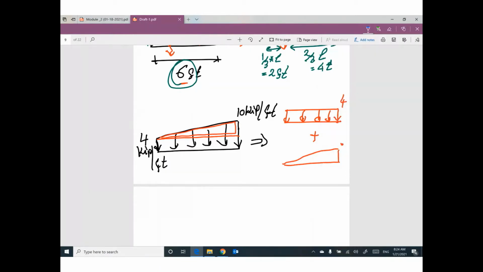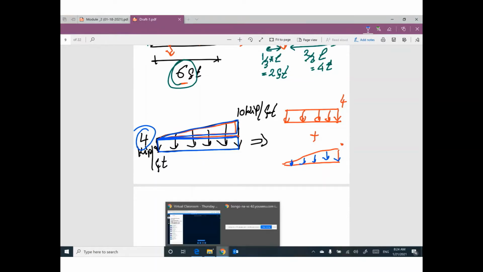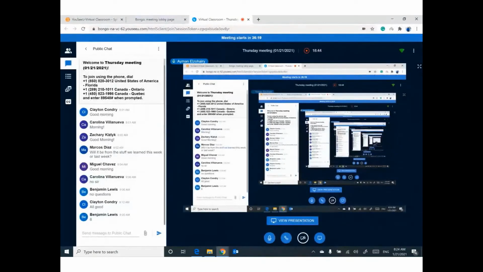Any answer? So I divided this trapezoid into a rectangle of distributed load with 4, plus a right angle triangle. Can you tell me what is the value of this right angle triangle? Any answer? Thank you, Benjamin.